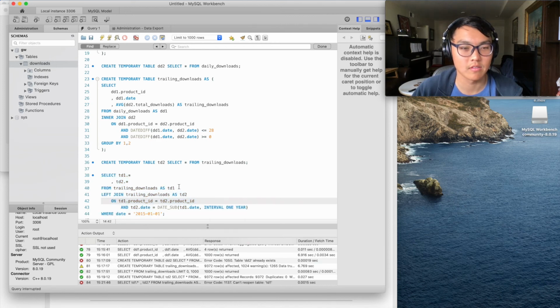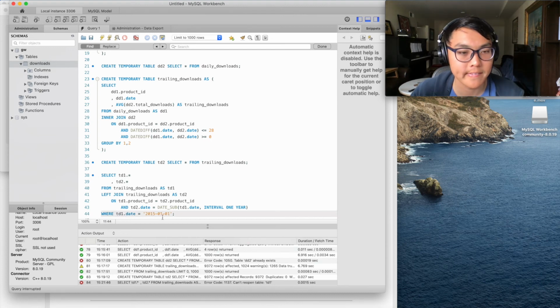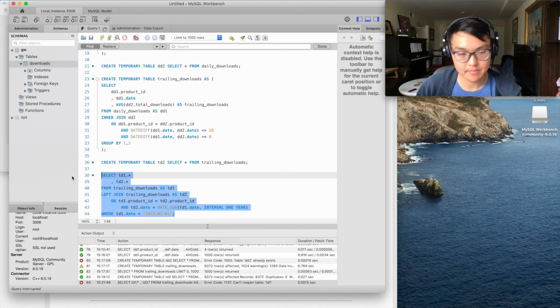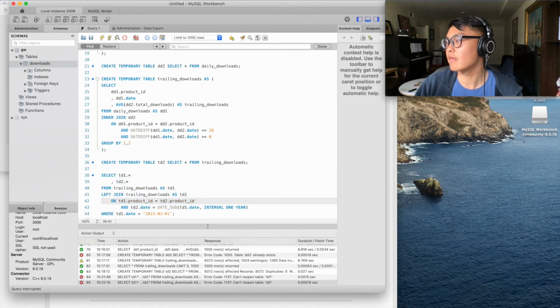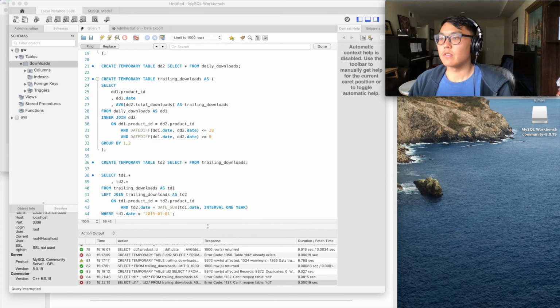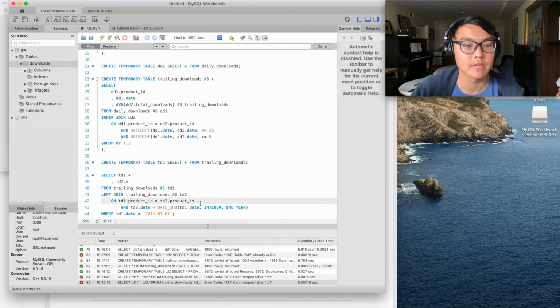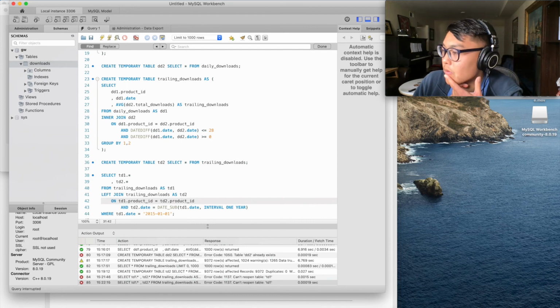Can't reopen table? What does that mean? Can't reopen table.